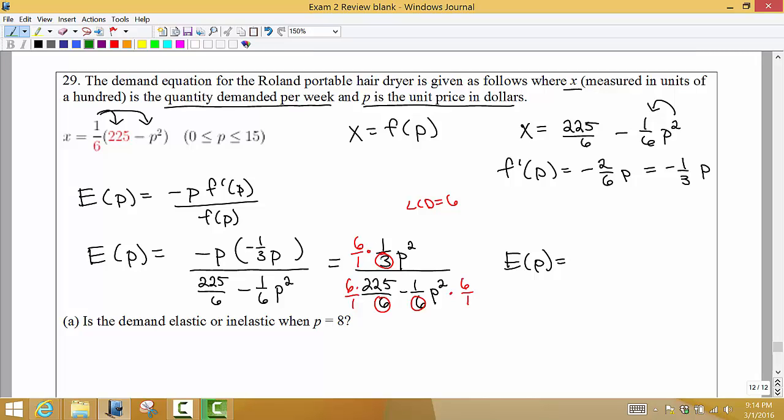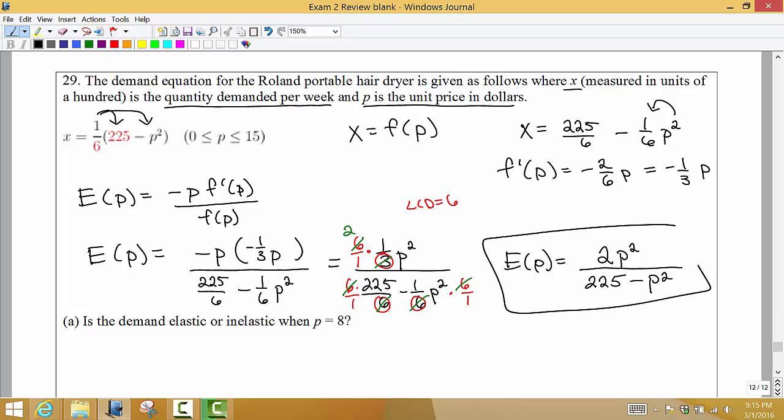At the top, 3 goes into 6 twice, so I end up with 2 times P squared. So I don't have to worry about all those little fractions within the larger fraction when I'm typing this into our calculator. Here 6 divided by 6 gives me 1, so I end up with 225. And then here 6 and 6 also cancel, so I'm left with a negative P squared.